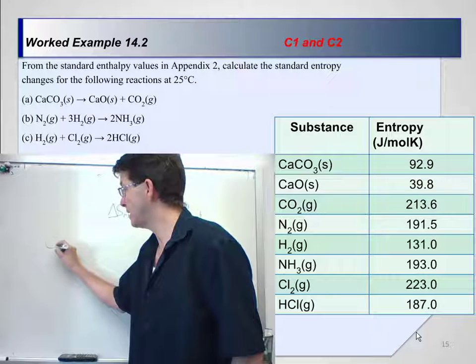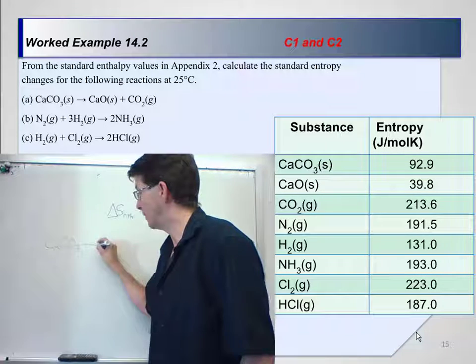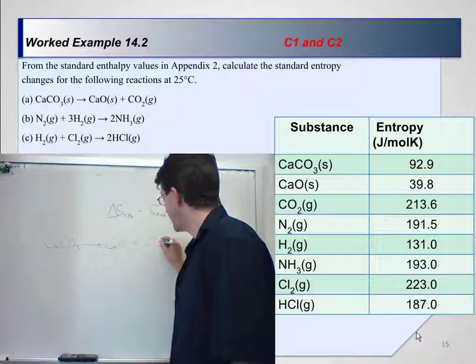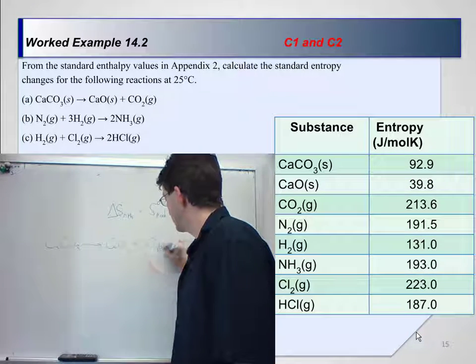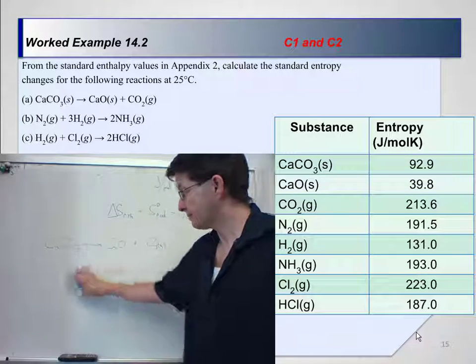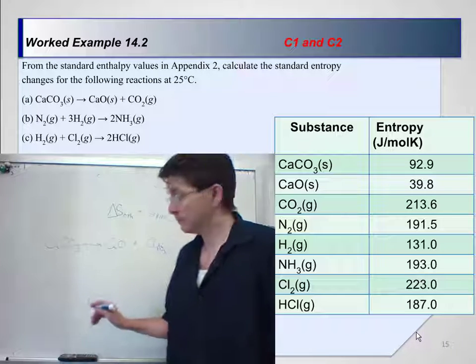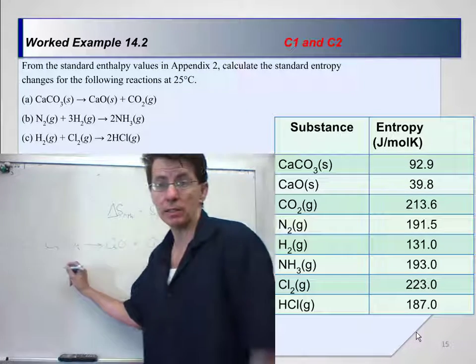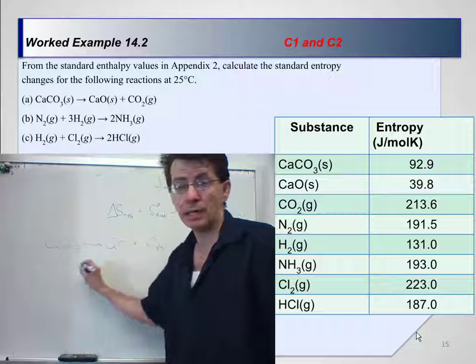You have calcium carbonate, CaCO3, going to calcium oxide plus CO2 gas. Leave out the states on the solids just for sake of clarity. And it is as simple as products minus reactants. In this case, the products are calcium oxide.